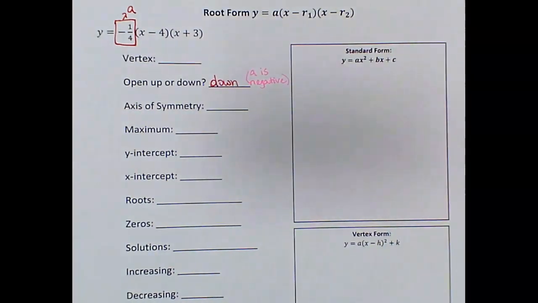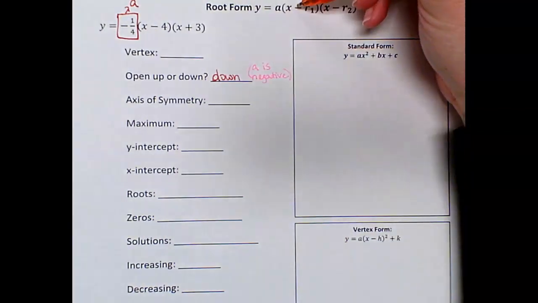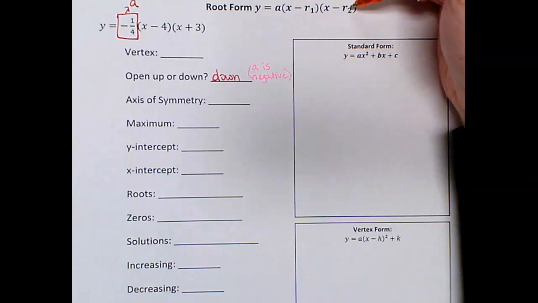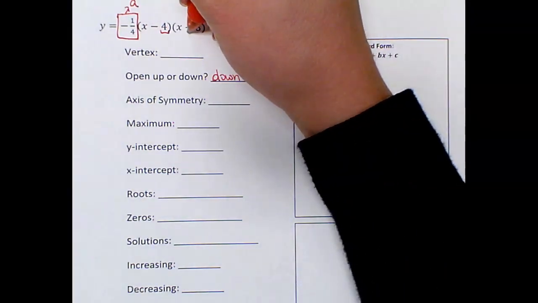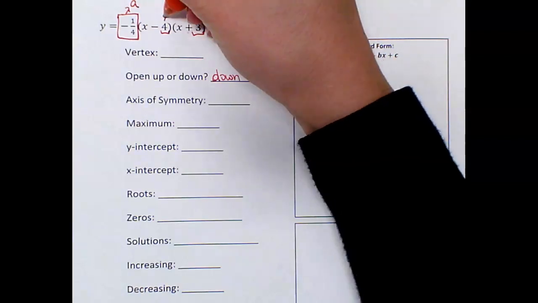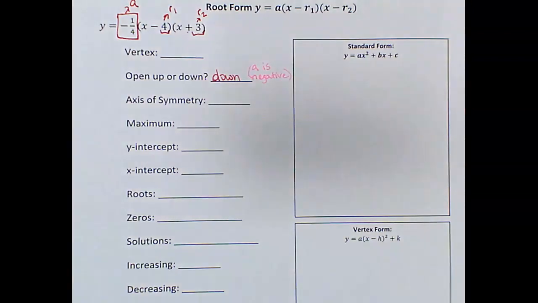Okay, what else do we have? The formula says x minus the first root and x minus the second root. So these things that I'm subtracting here must be root 1 and root 2. But remember, everything in parentheses is a lie, so when I write my roots, I want to write the opposites of what's in parentheses.